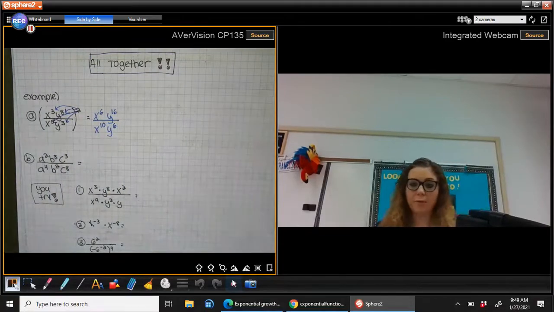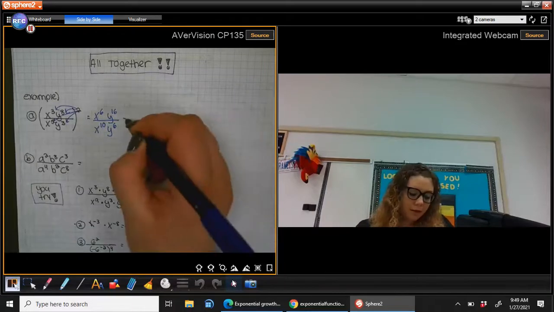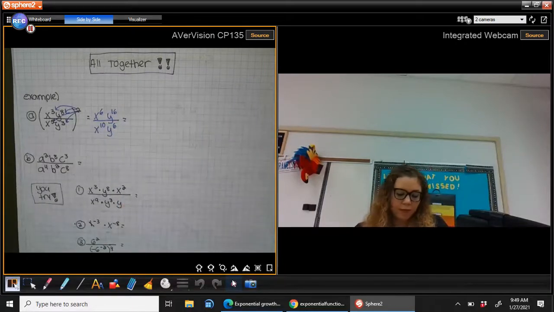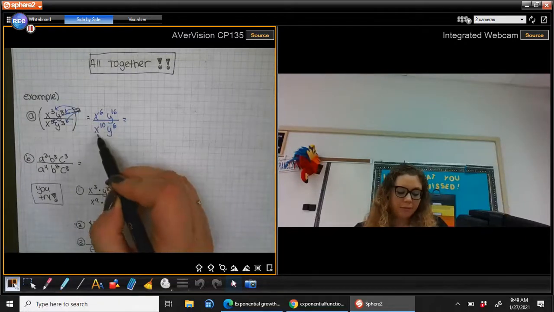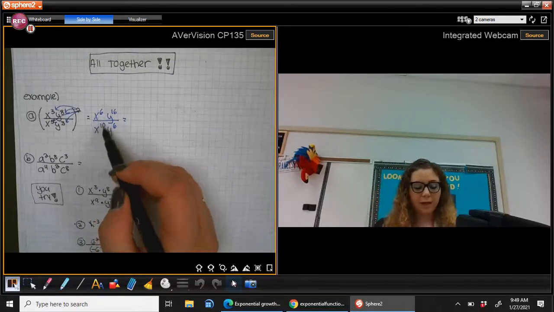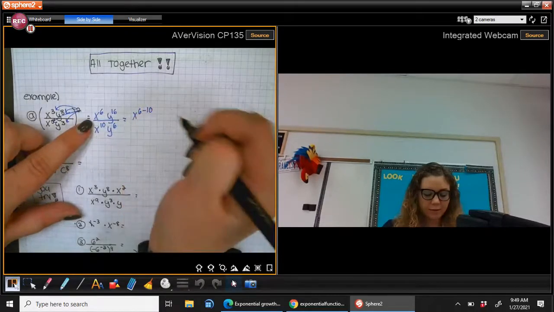I just got rid of that power on the outside of the parentheses, so now I'm going to look at it further. I have division, same base, so I'm going to subtract my exponents. So I'm going to have x, 6 minus 10.